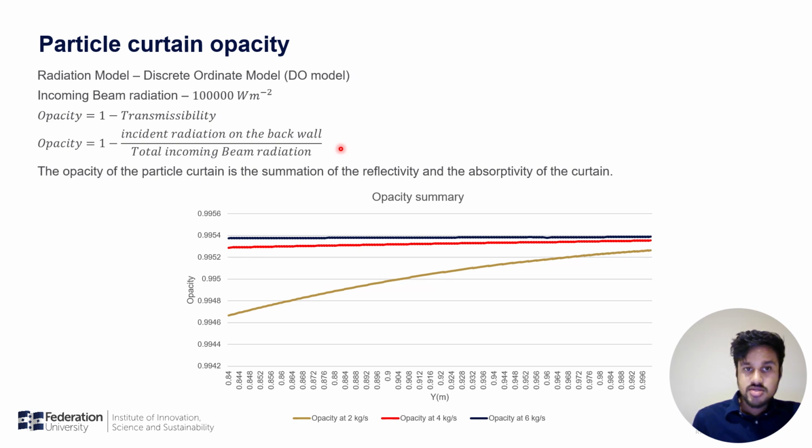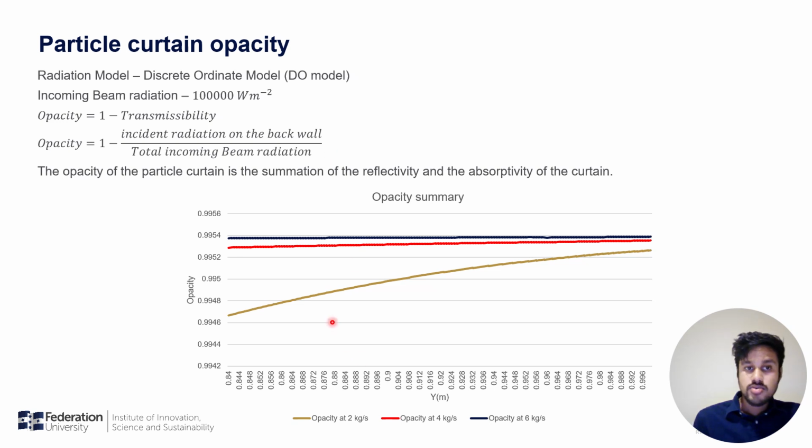So you can see that the opacity of the curtain is reduced when the curtain goes from the top of the receiver to the bottom, especially with 2 kg per second mass flow rate.